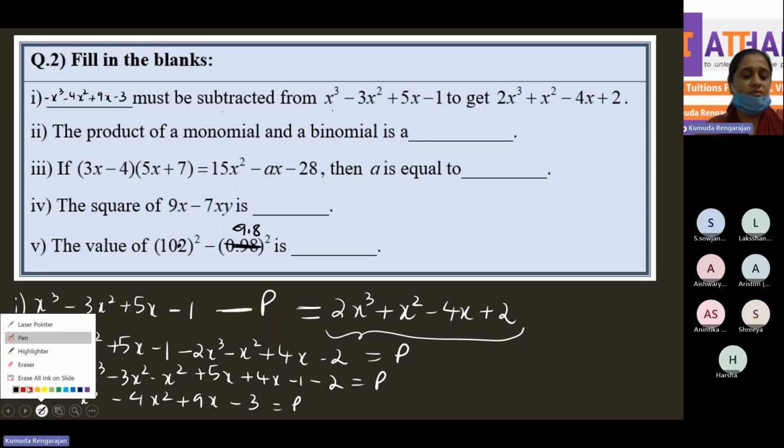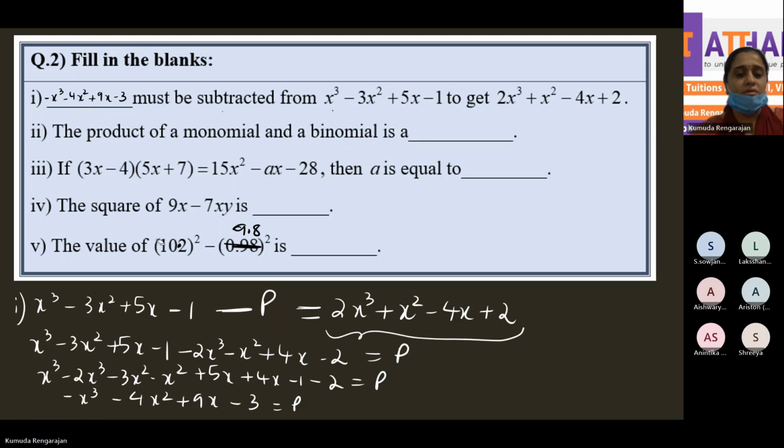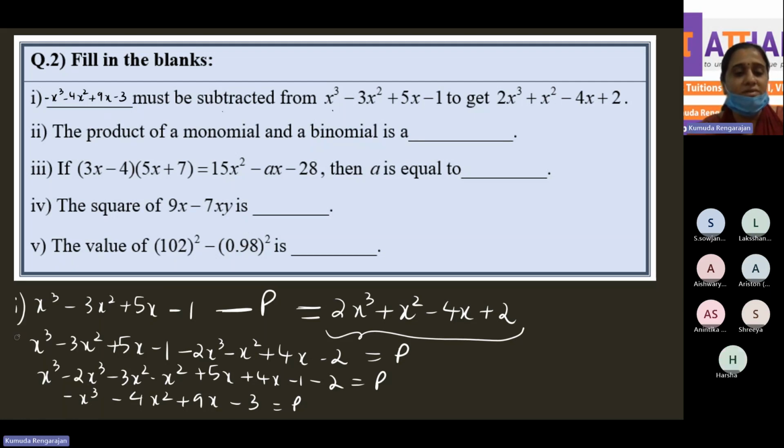I'll do it here itself. Take it as 10.2 and 9.8, 9.8 the whole square, 10.2 and 9.8.